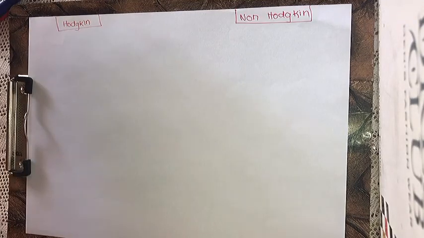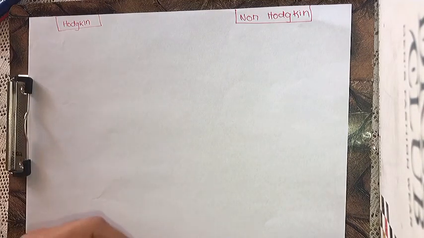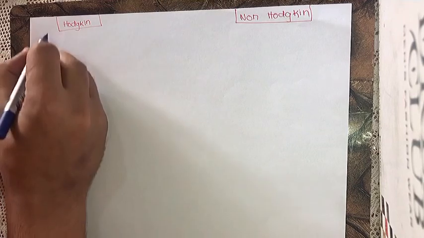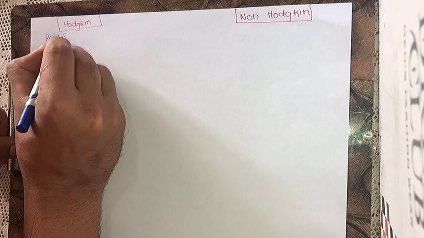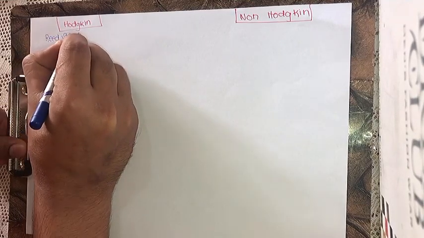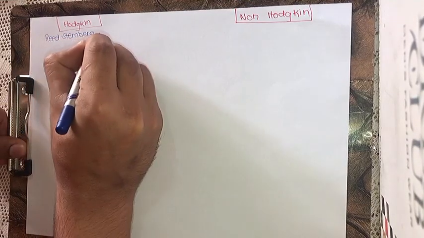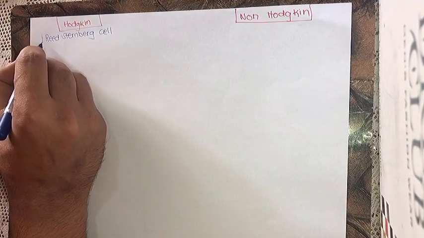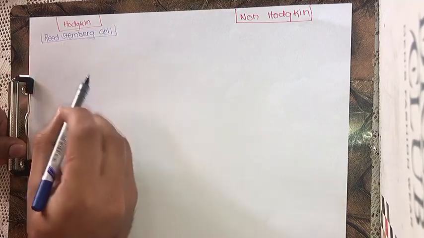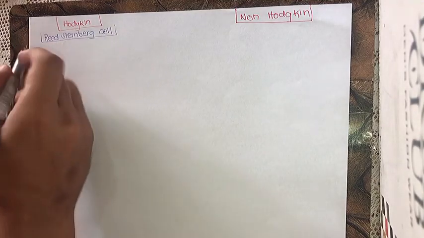Today we're discussing the differences between Hodgkin and non-Hodgkin's lymphoma. There is a very characteristic feature in Hodgkin's lymphoma, and if you find that feature, it's confirmed that this is Hodgkin's lymphoma. That feature is the Reed-Sternberg cell.